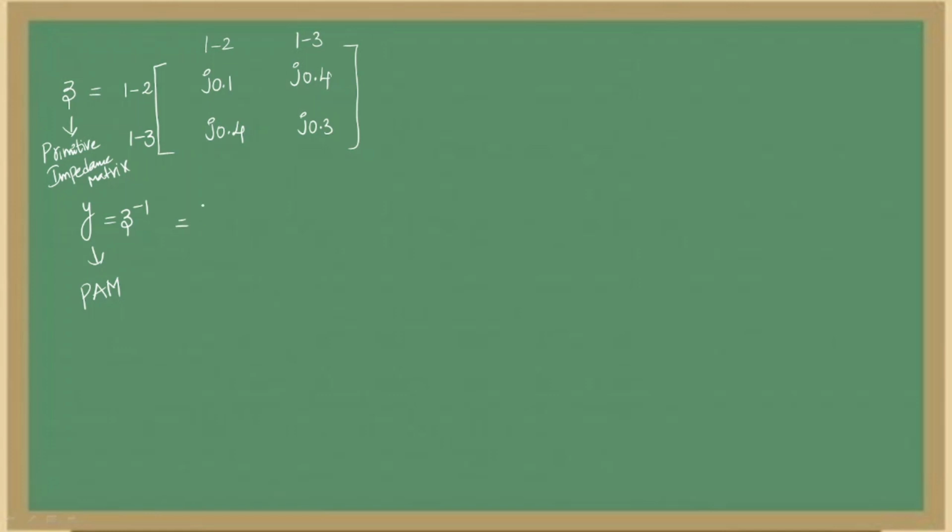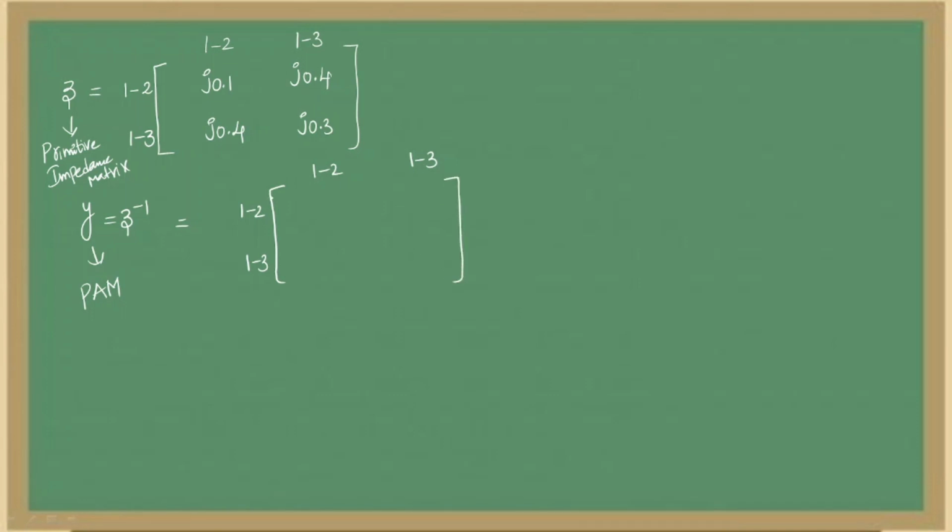Now what is Z inverse? If you find the inverse of this matrix manually, because the inverse of complex matrices is not available in your calculator, so you need to do it manually.